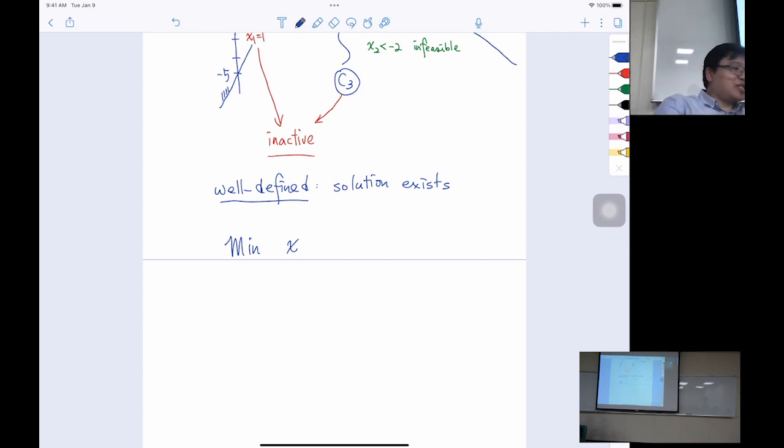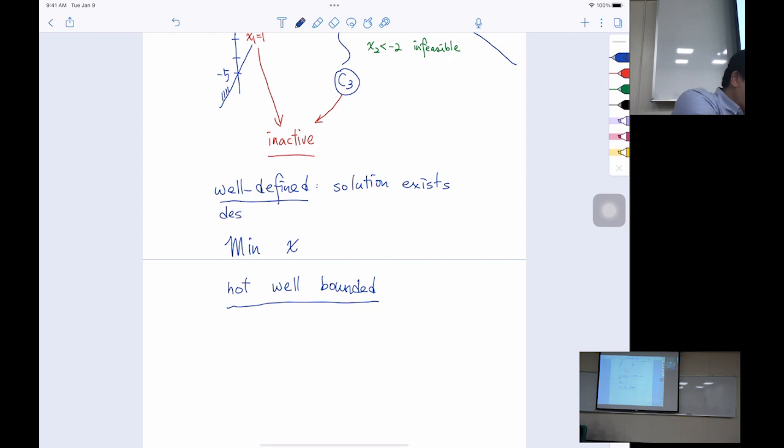The solution is negative infinity. So people don't like to find solutions close to infinity. And sometimes we will say, okay, it's not well bounded. So we don't want to solve a problem that is not well bounded. We want a well-defined design space.